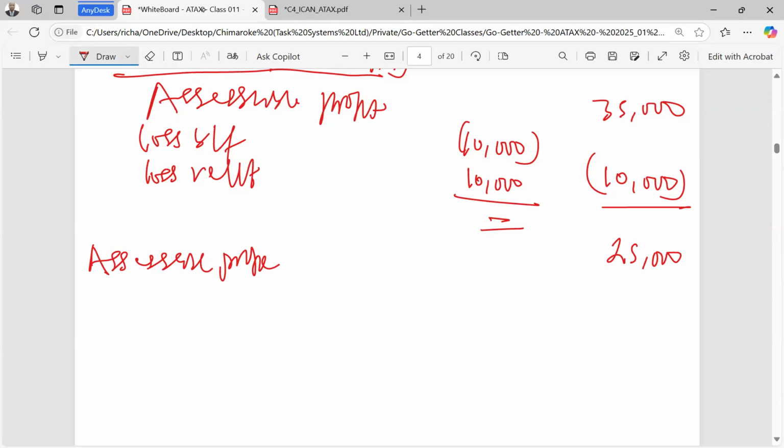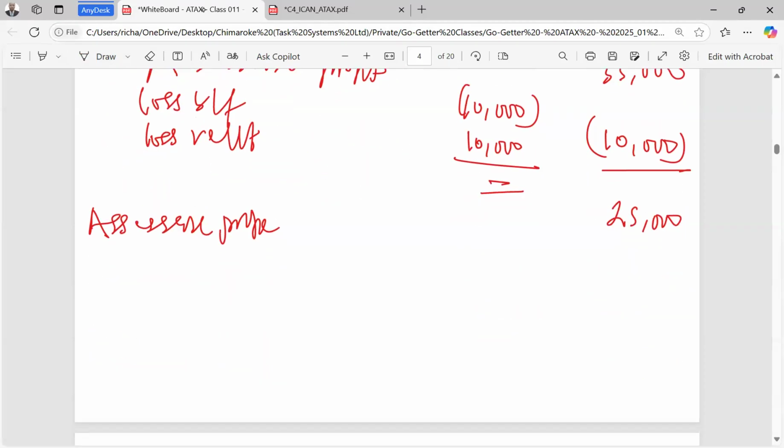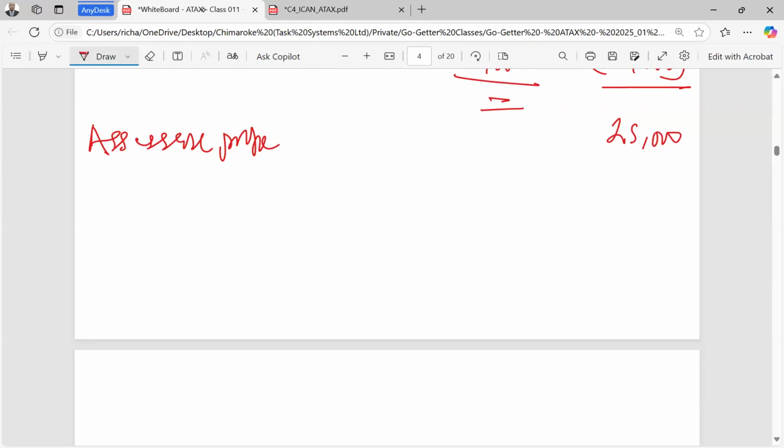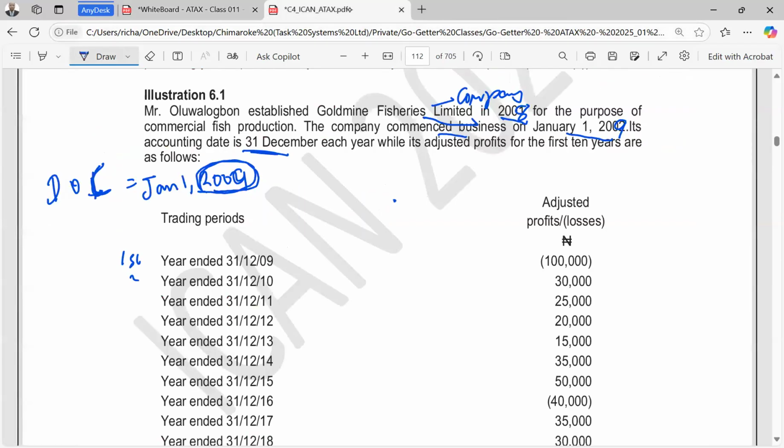So the next thing to do is to go to the next year of assessment, which is 2016. What do we do? Year of assessment 2016. This will be from January 1, 2015 to 31st December 2015. We are also having assessable profit. Let's see 2015 if there's a profit. 2015, we have 50,000.